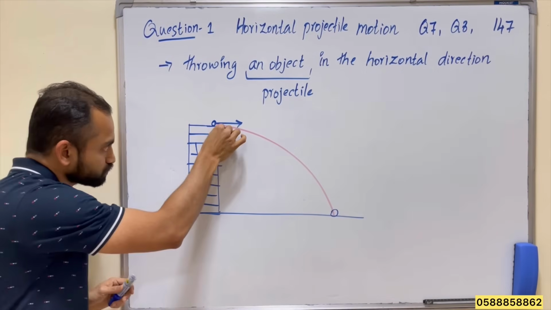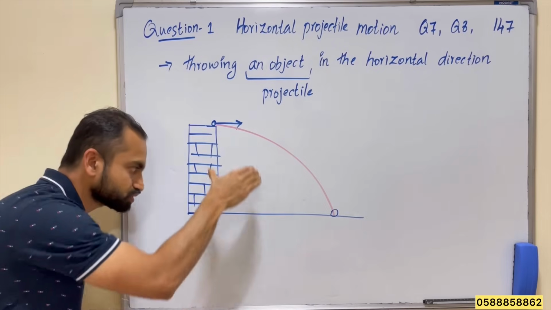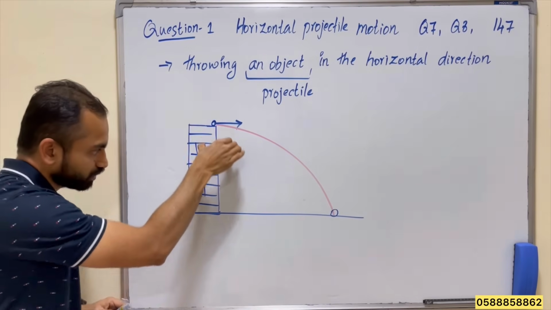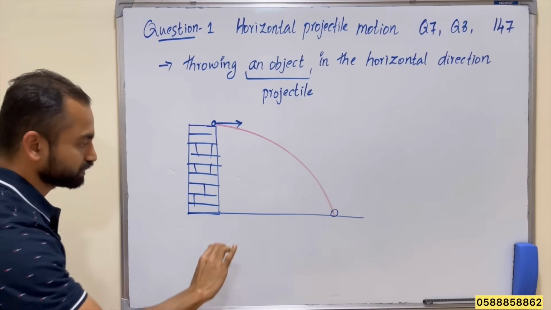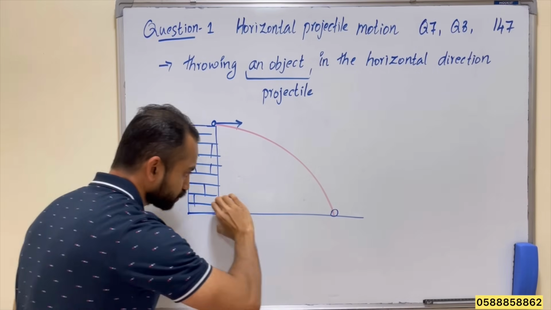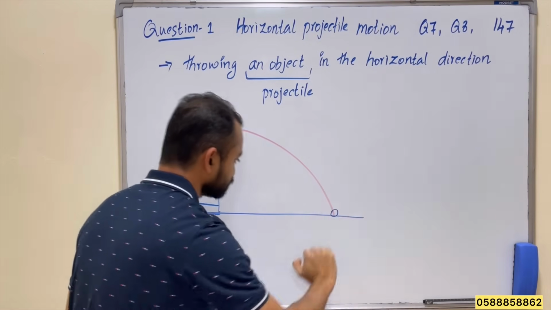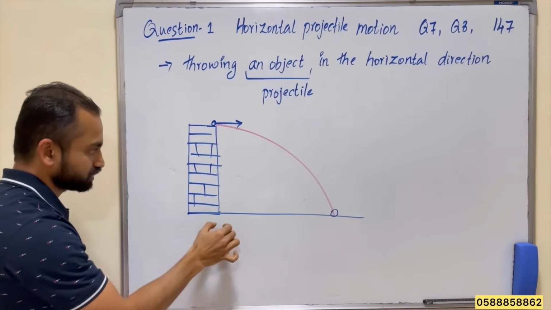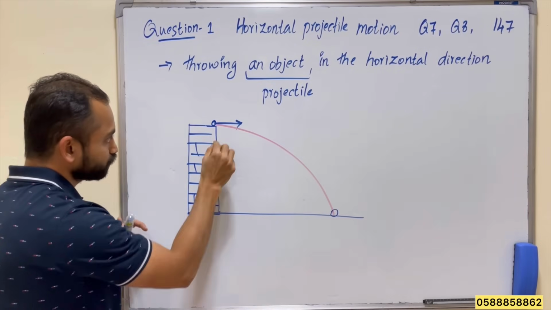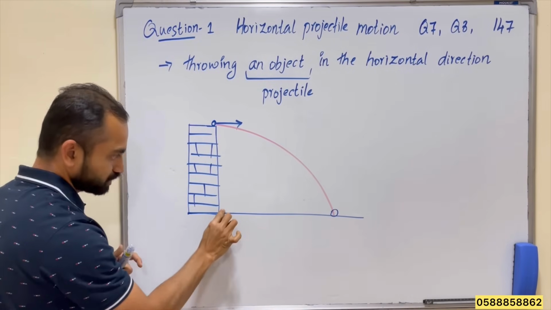So the ball is moving a downward distance, right? At the same time, the ball is moving a horizontal distance also. The ball is moving to the right side, at the same time downward. If it is moving only downward, then the ball will reach here.